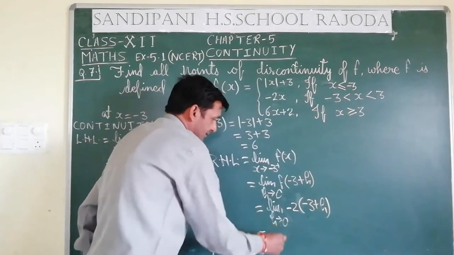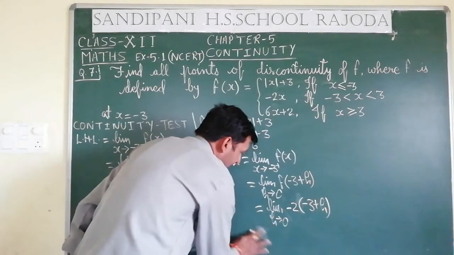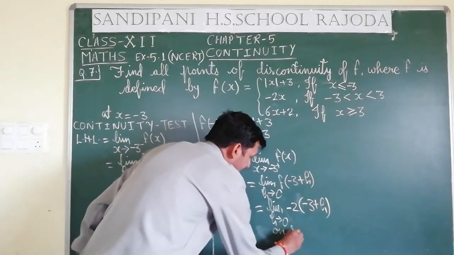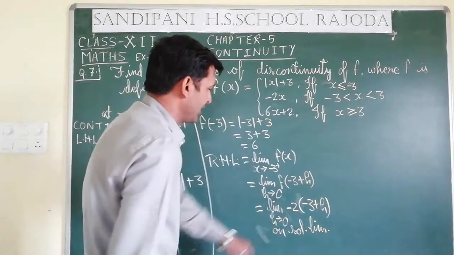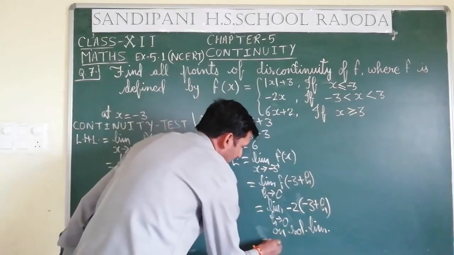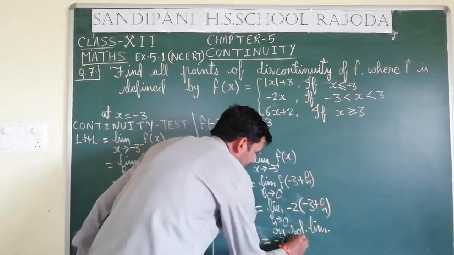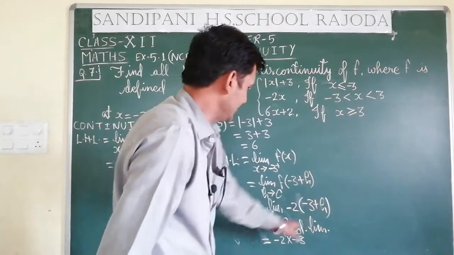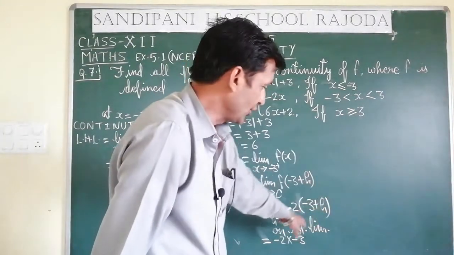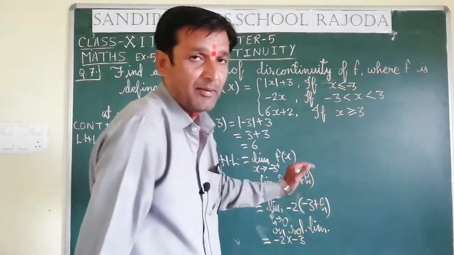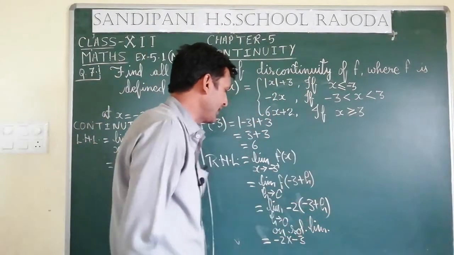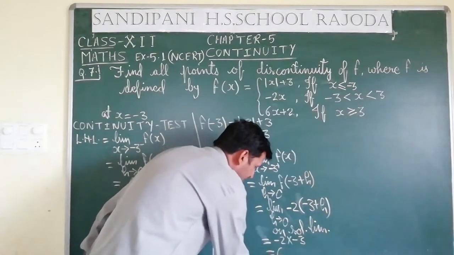So on solving the limit, it will be minus 2 into minus 3. Why is it so? Because the value of h is 0 here. If we put that value here, minus 3 plus 0 will be minus 3 only. So, minus 2 into minus 3 will become positive 6.